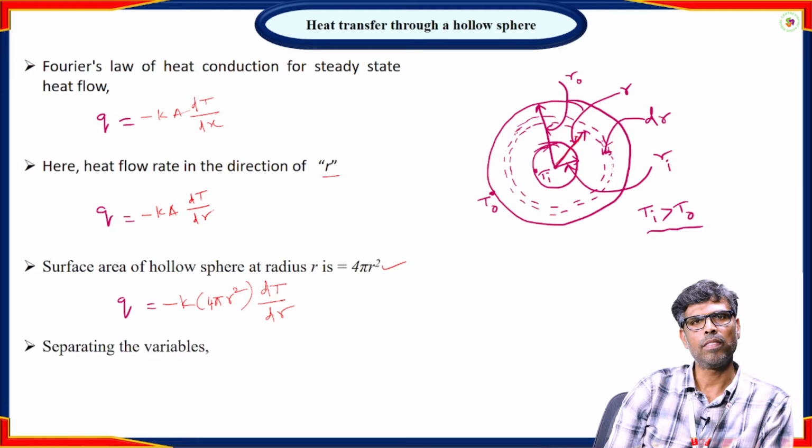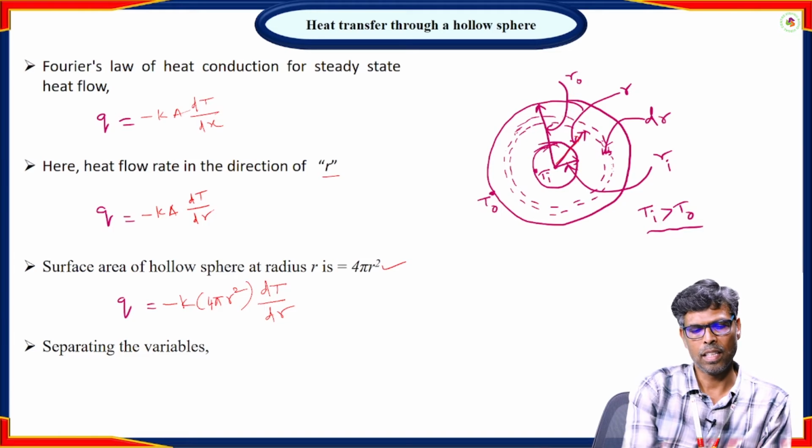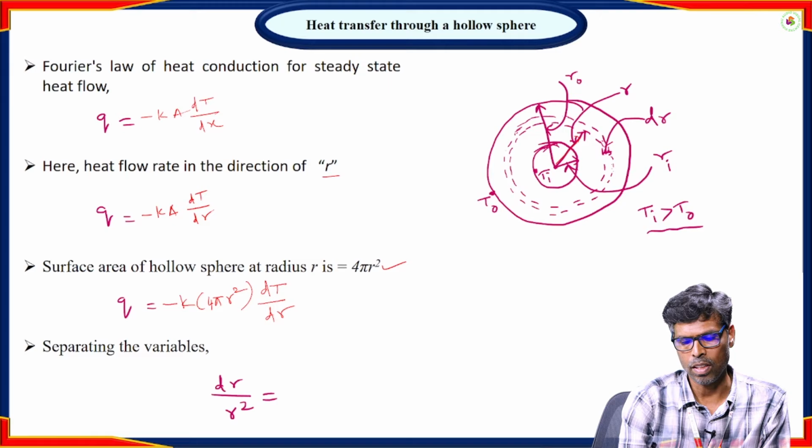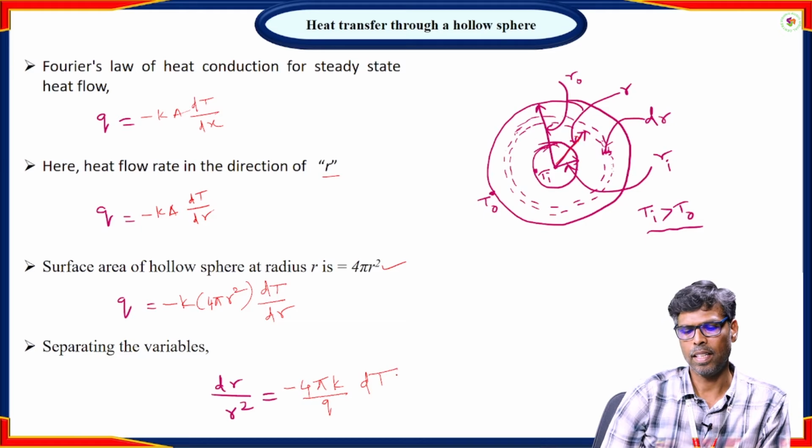Here separating the variables radius and temperature, the equation becomes dr by r square is equal to minus 4 pi k divided by q into dt.